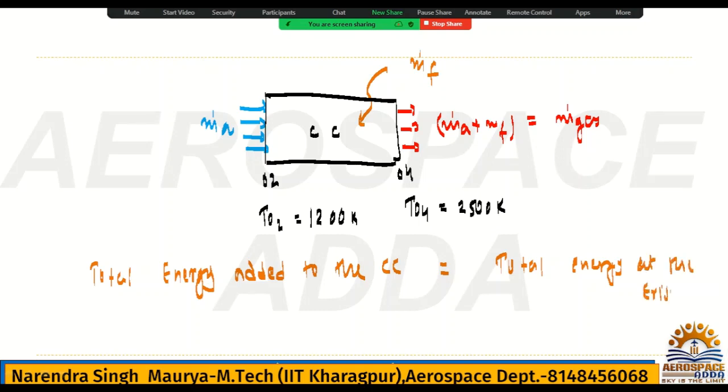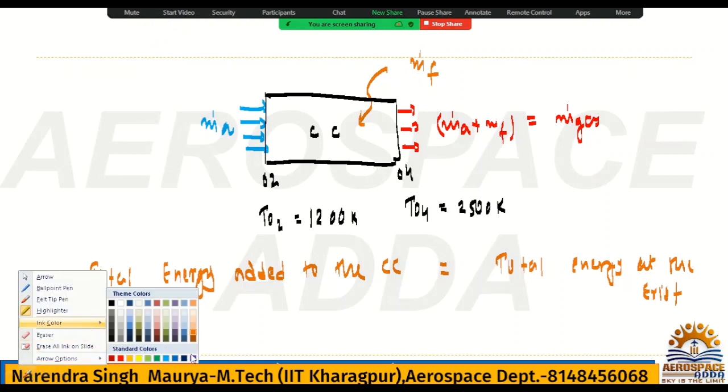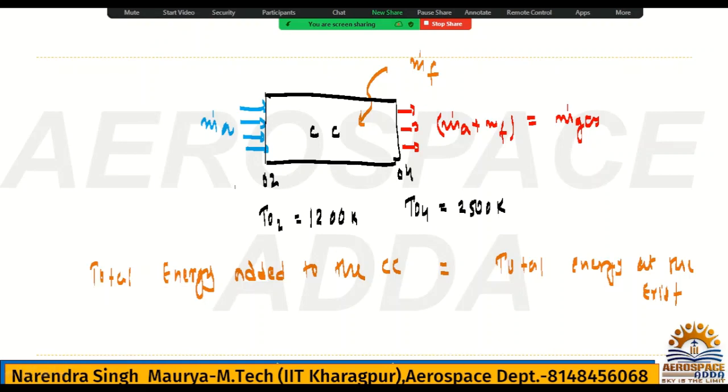So basically this is energy balancing. How to write this? It's very simple. At the inlet, in terms of m dot a, what you can write is m dot a, mass flow rate, into Cp into T naught.